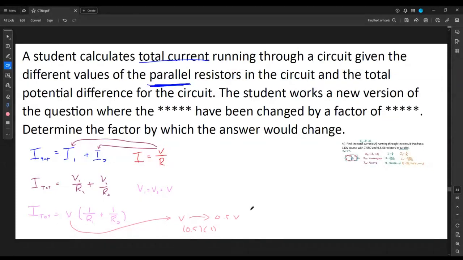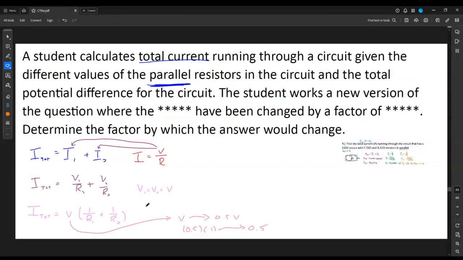So look at where V is. V is in the most unaffected place. It's outside basically of everything else. And so if I multiply it by some factor, then my answer is just going to change by that factor. So for me, 0.5. Okay, then if I change one of these resistances, especially since it's a reciprocal and there's a sum here and then it's multiplied by something later, then I hope it makes sense that changing one resistance is not predictably going to give you an answer.